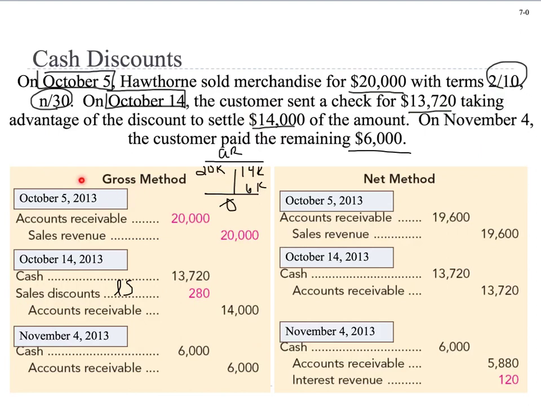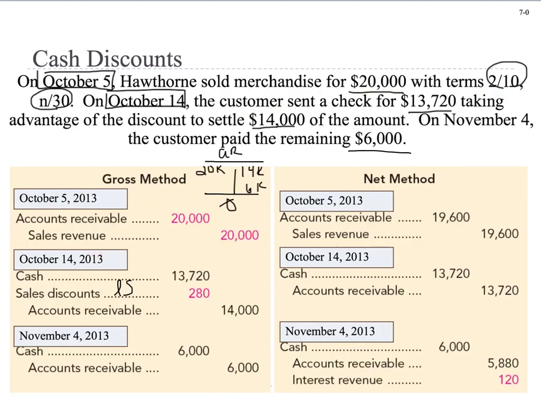So that's one method, the gross method. The next method is the net method. Now under the net method, Hawthorne Company is going to book the transaction as if they've known that their customer is going to utilize the discount. In the gross method, when they first booked the entry, they didn't consider the discount.